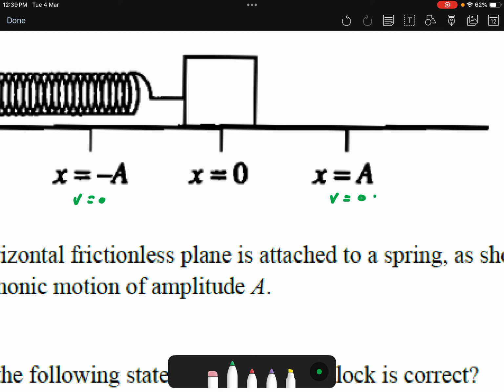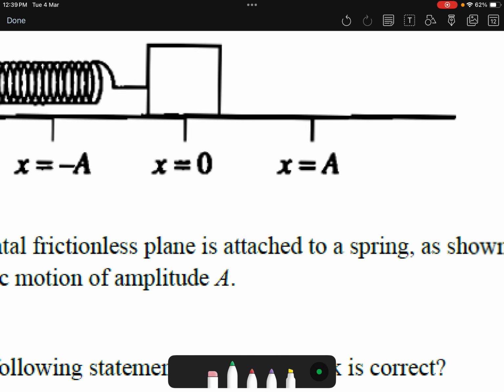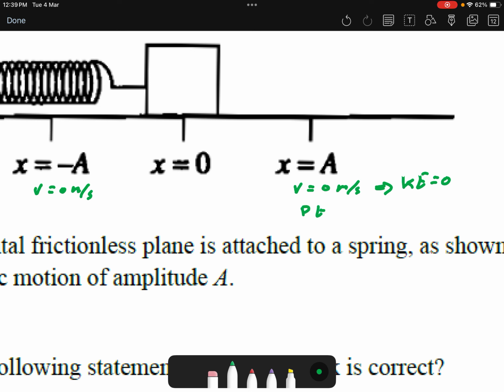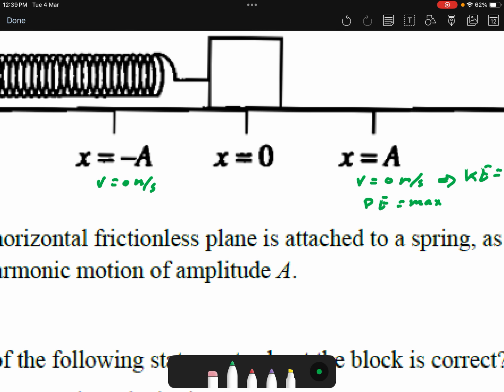So at both ends, at the maximum displacement, the velocity equals 0. That means the kinetic energy is 0, and the potential energy is max. Same thing here, kinetic energy 0 joules, potential energy max.